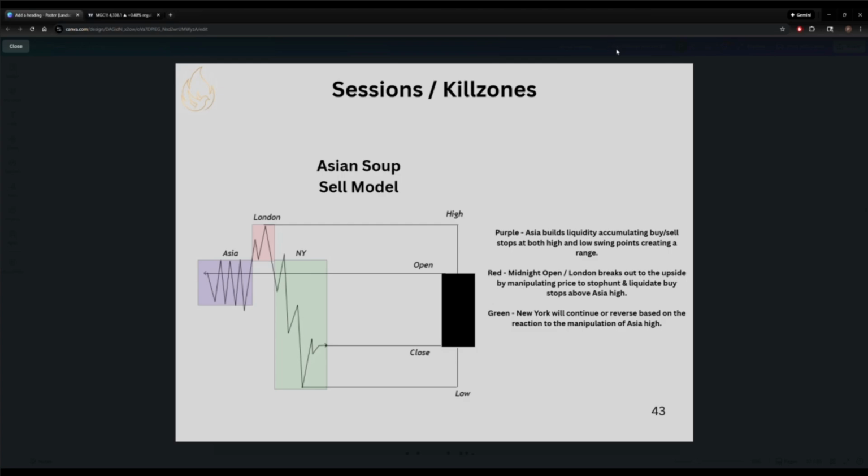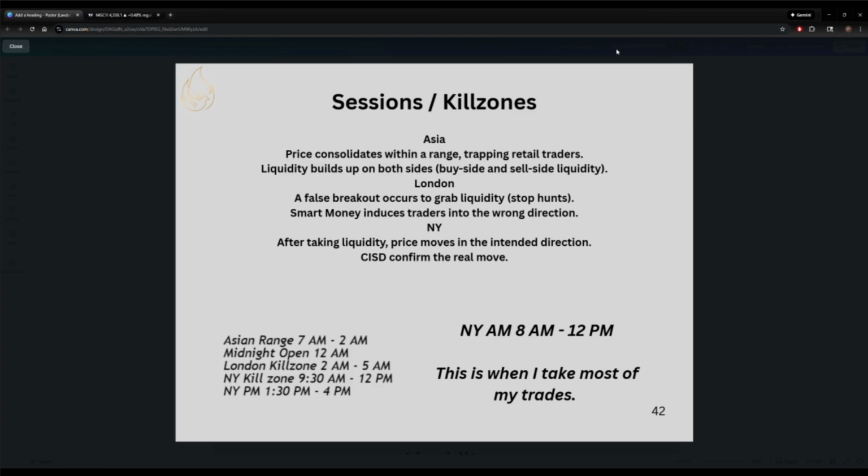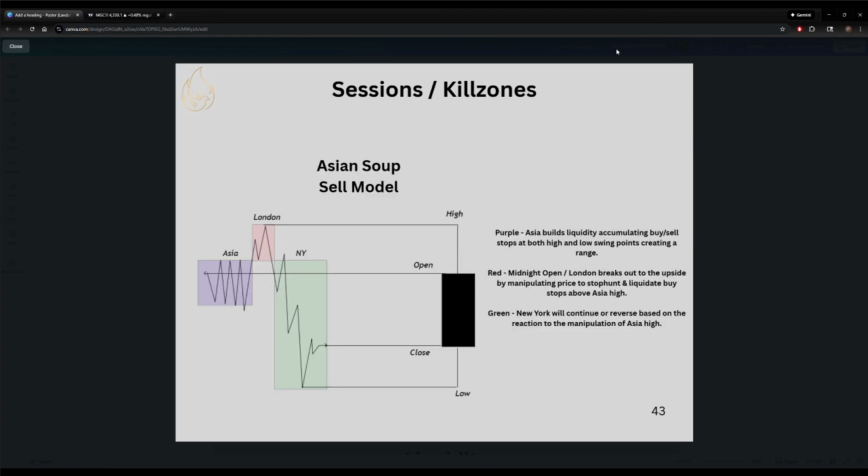Like in that one example where it opens the day at 1800, and then London and Asia just open and create a low, and then New York does a reversal and we come up. It'll be easier when I show you on the charts, but we did that a few times this week, where during the day we were in a bullish trend.